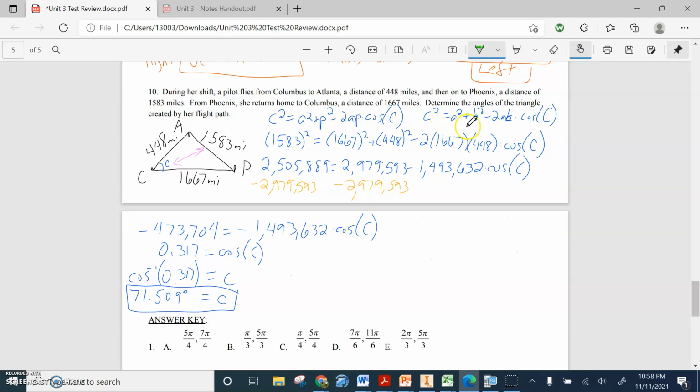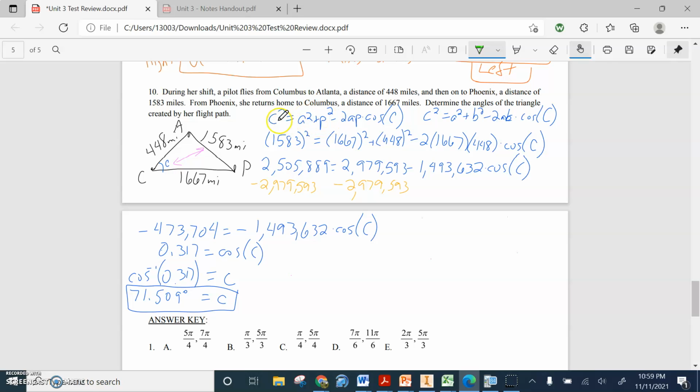So we're going to use law of cosines, and law of cosines in standard form is c squared is equal to a squared plus b squared minus 2ab cosine of c. Well, I have labeled c and a, but I have a p. So I'm going to call c in my picture the same as the c in this equation, but I'm going to redraw the b and call it p for Phoenix.